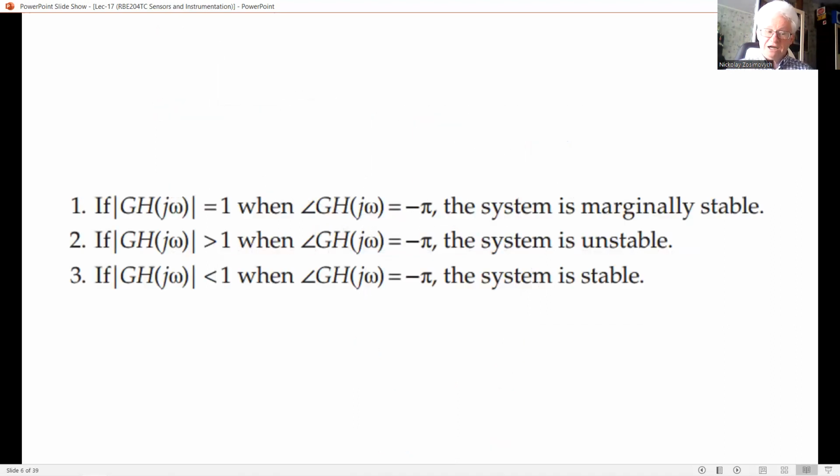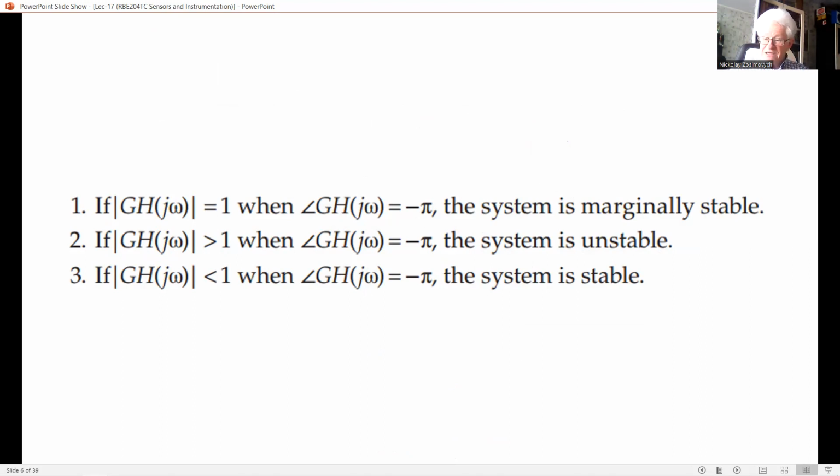If, on the other hand, the loop gain G times H in absolute value, as you can see in this one, is greater than one, at this frequency, while the loop phase lag is pi, the signal magnitude will monotonically grow as the signal travels through the loop.